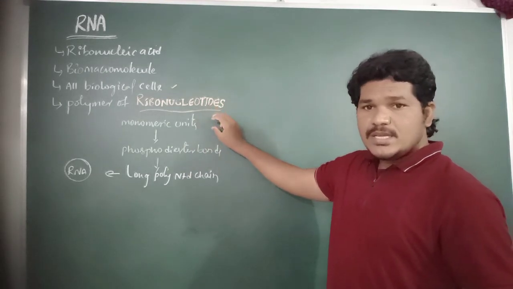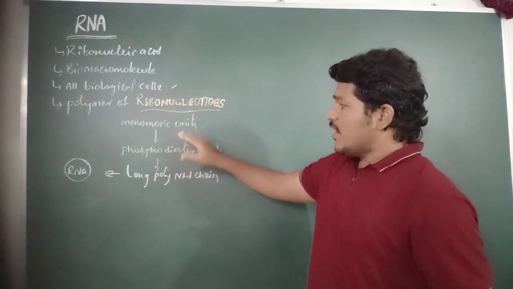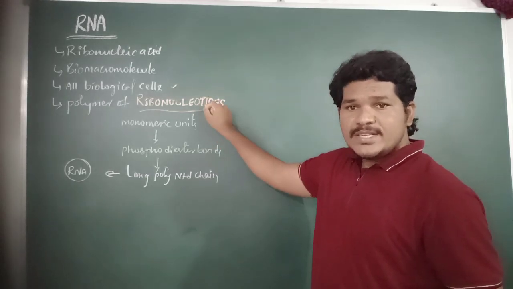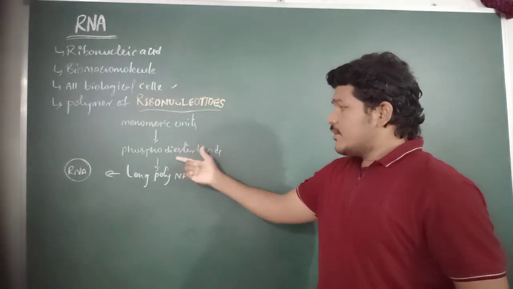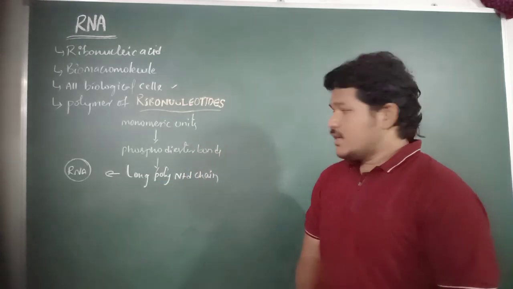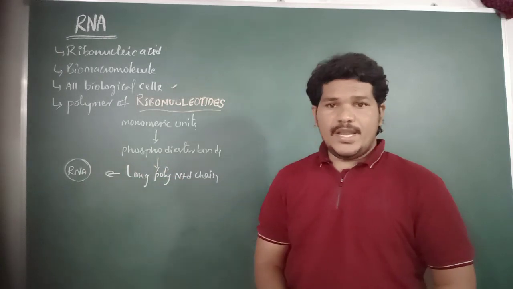So RNA is mainly made up of monomeric nucleotide sequences, ribonucleotides linked together by phosphodiester bonds to form a long polynucleotide chain, and that is RNA.